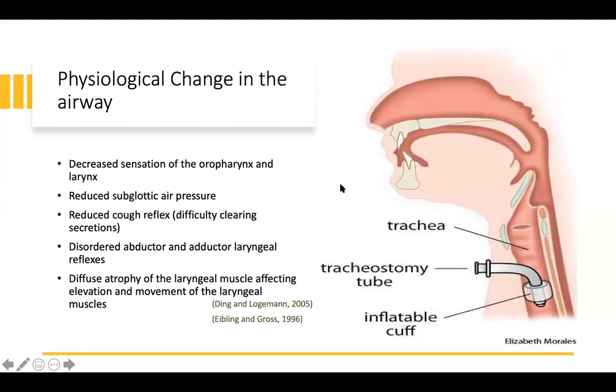And someone asked if having a lot of secretions is not directly related to dysphagia, it's more due to the lack of ventilation and weak cough. So it's both. It's not dysphagia per se, but if the patient, as we said, has lost their humidification and filtration, then they will have increased secretions.